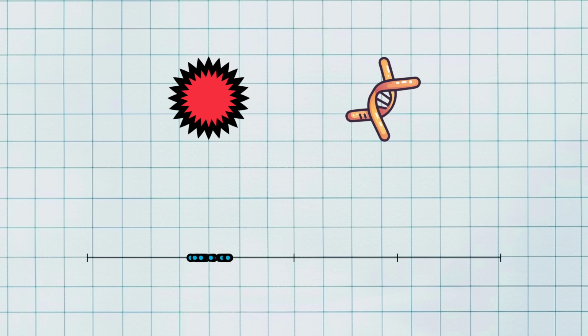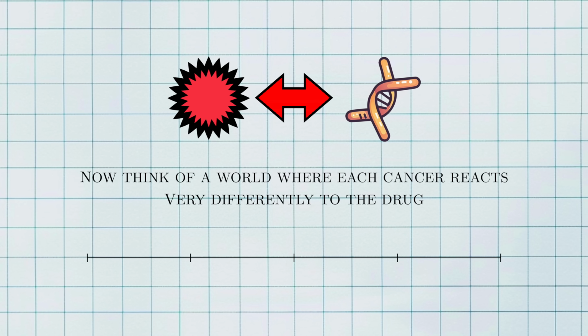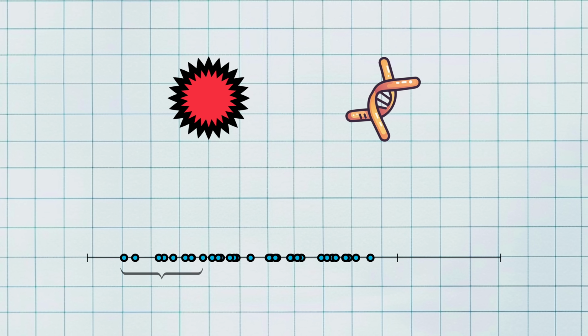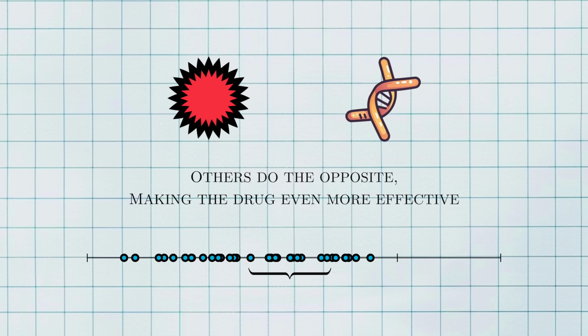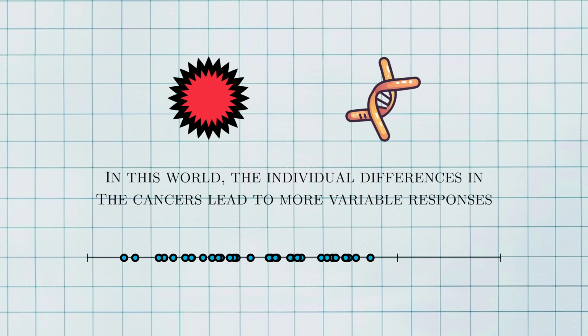But now let's consider a different reality where the different aspects of the cancers start to change how they react to the drug. For some cancers, their specific characteristics make the drug less effective, pushing the response rates lower. In others, these differences might make the drug more effective, leading to higher response rates. That is, the individual differences in the cancers here lead to a wider spread in the response rates.